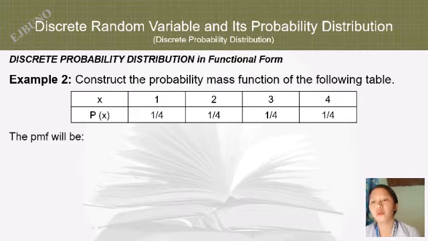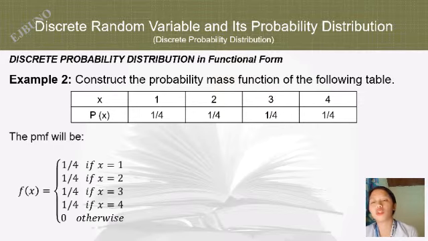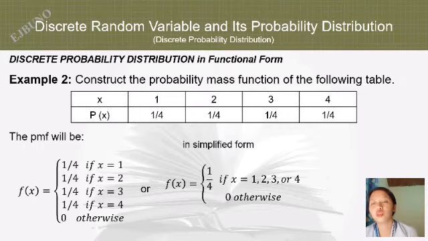The PMF will be f of x is equals to 1/4 if x is equal to 1, 1/4 if x is equals to 2, 1/4 if x is equals to 3, 1/4 if x is equals to 4, 0 otherwise. Or f of x is equals to 1/4 if x is equal to 1, 2, 3, or 4, 0 otherwise.